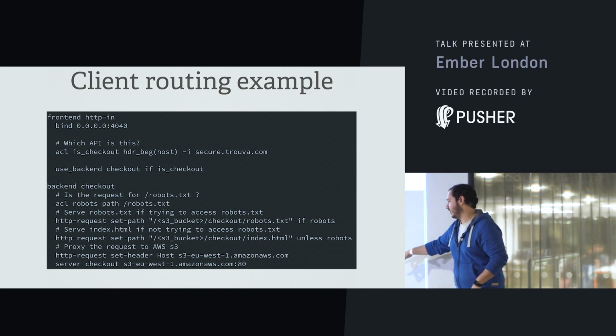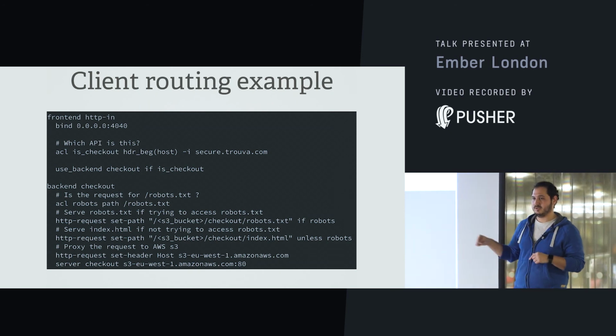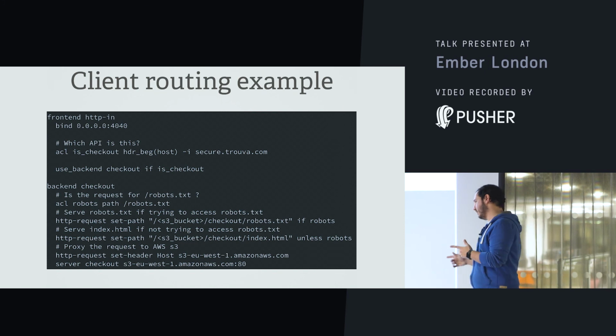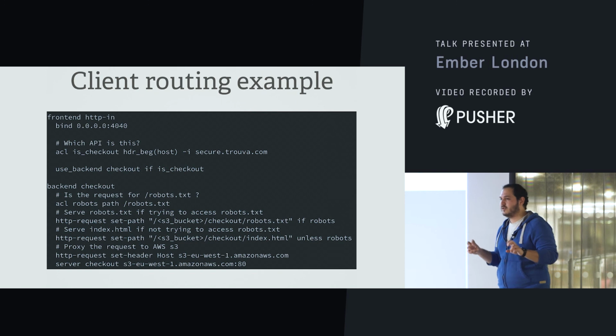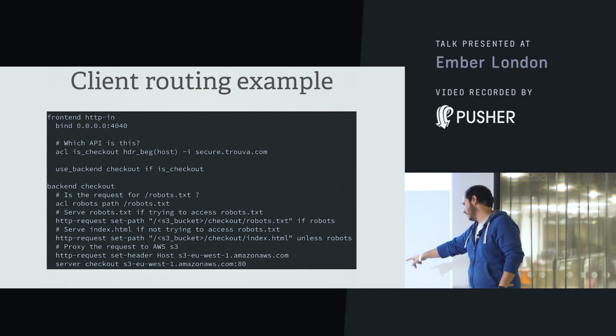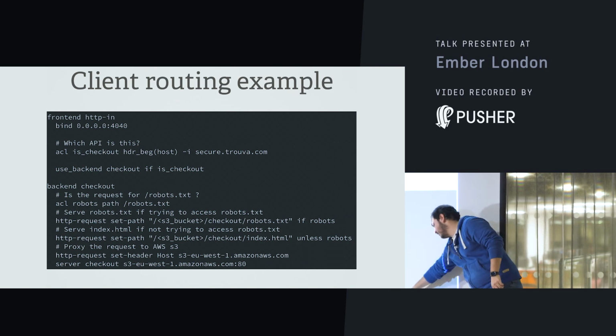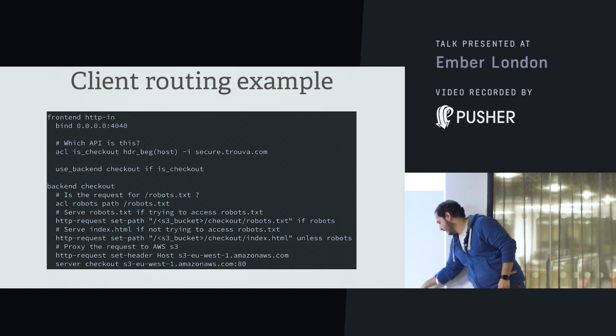We're creating here an ACL which checks if the path of the request is for the robots.txt. If that is true, then it's going to set the path of the resulting request to our S3 bucket, and then the specific path to access the robots.txt, and only do this if robots is true.